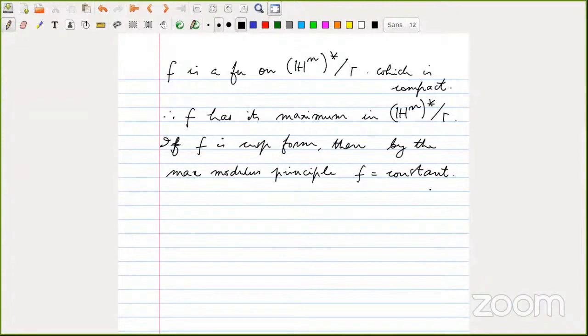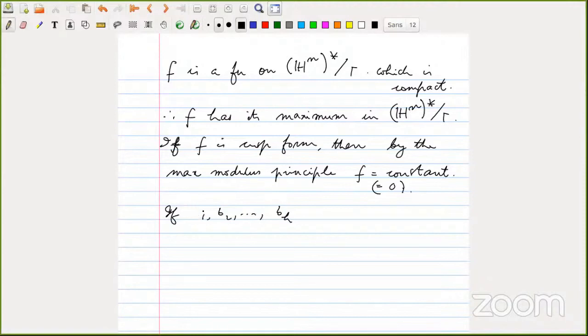So if I have other cusps, suppose I have other cusps b1, b2, and so on up to bh.